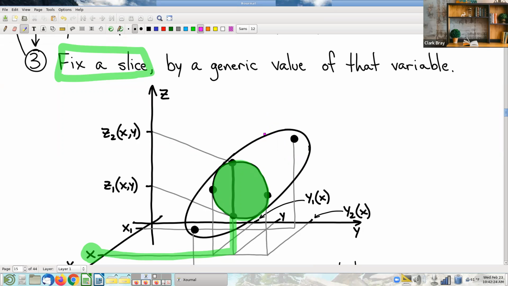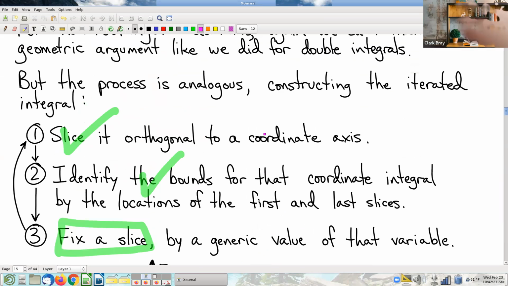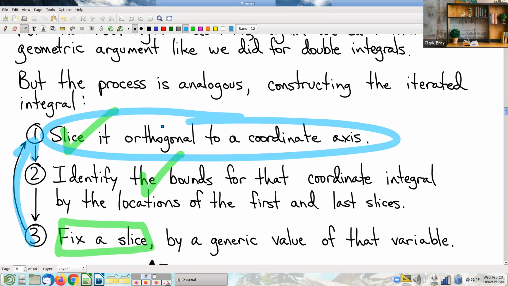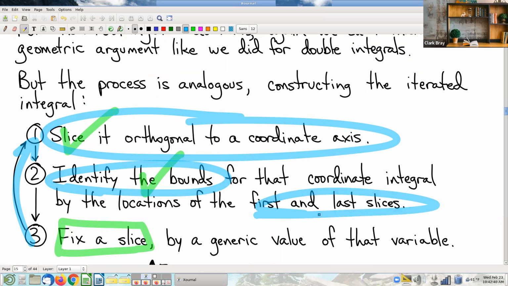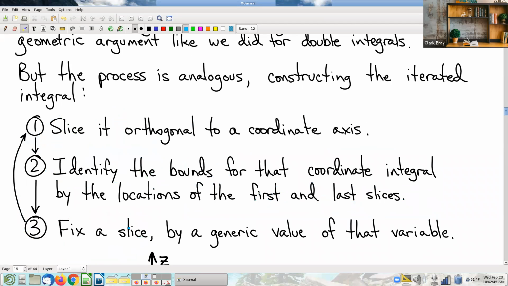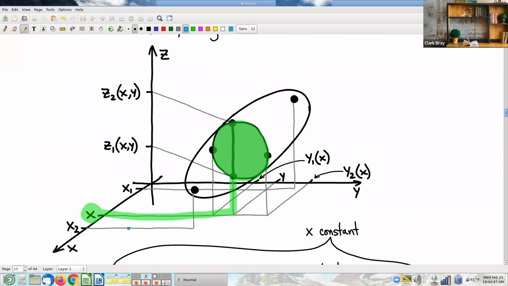Okay. And now, next step. We repeat. Slice orthogonal to another coordinate axis, identify the bounds based on the first and last slices, and so on. Okay, so on this x slice, let's see here, I'll use blue, I guess. On this x slice, what do slices perpendicular to the y axis look like?